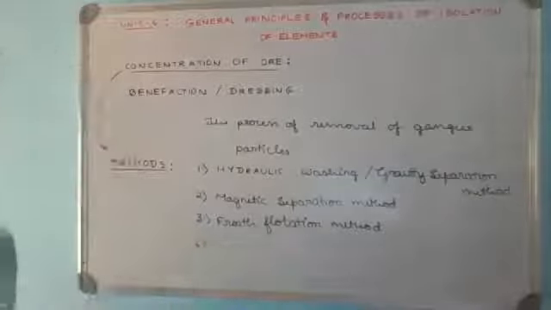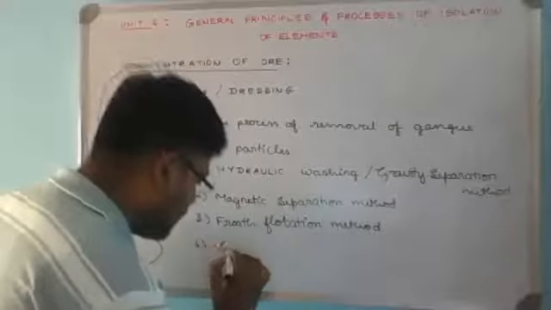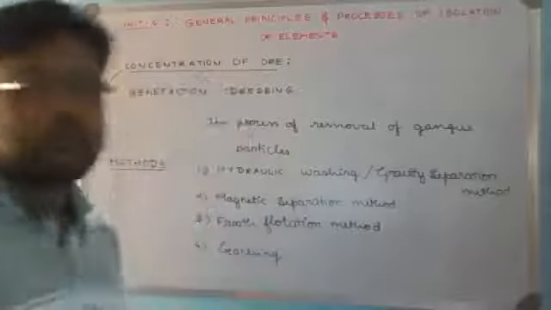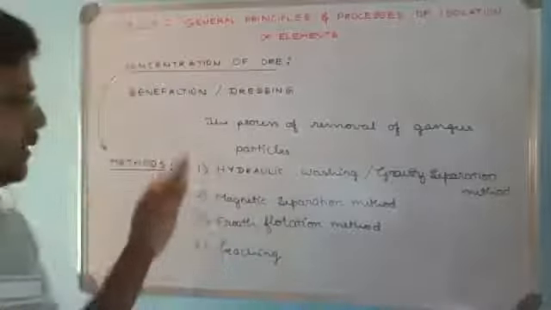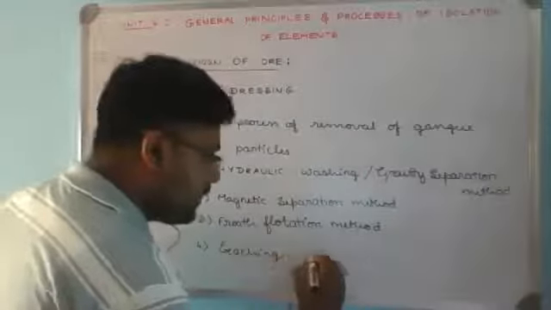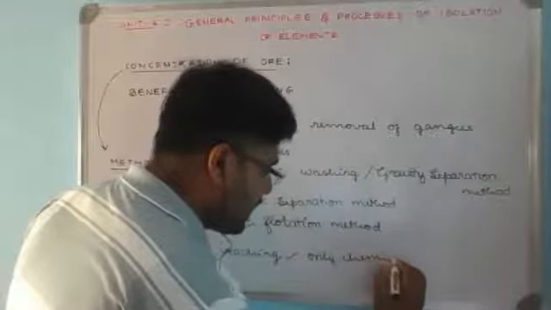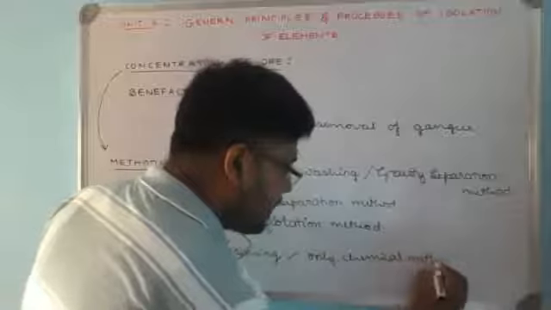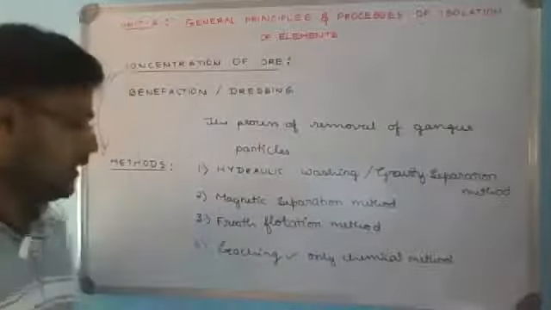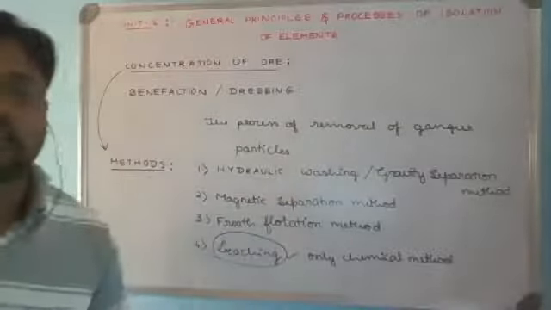And the fourth method, which is a chemical method of concentration of ore, is referred to as leaching. So from the four important methods of concentration of ore, only leaching is a chemical method, using suitable chemical substances in the concentration of ore.